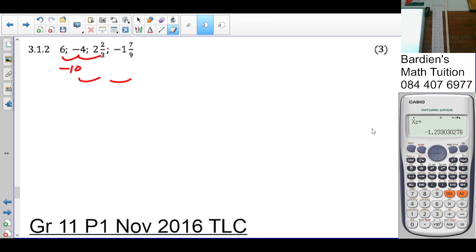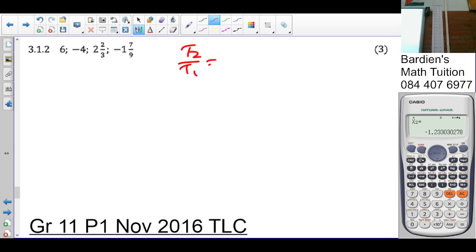So looking at this, we note it's actually term 2 divided by term 1. That's negative 4 over 6, which is negative 2 over 3. Then let's test term 3 over T2, which is 2 and 2/3 over negative 4.